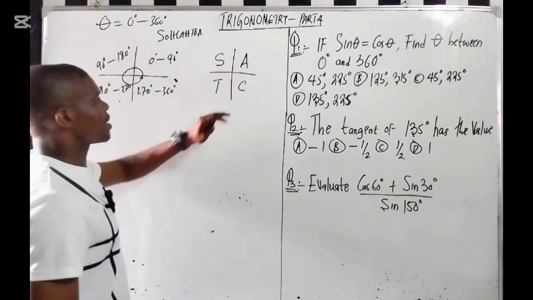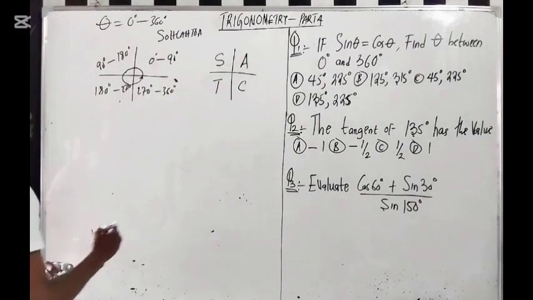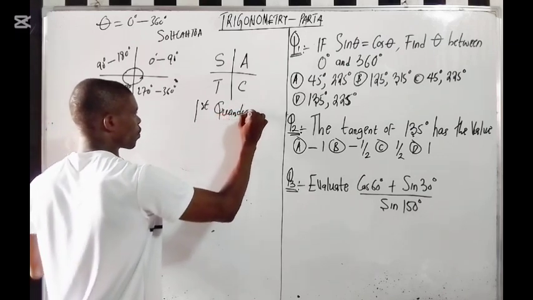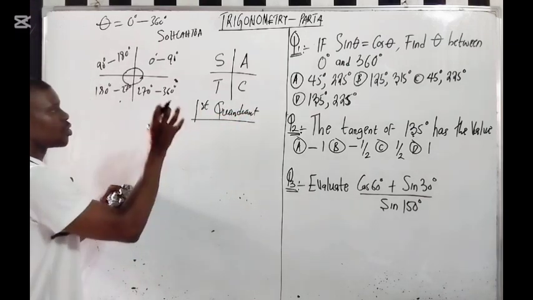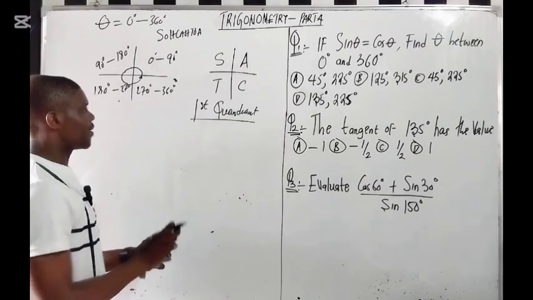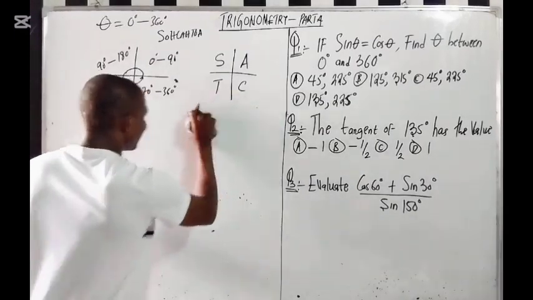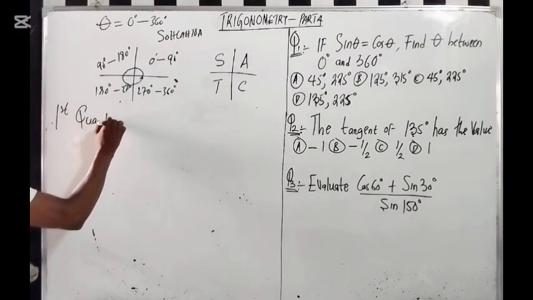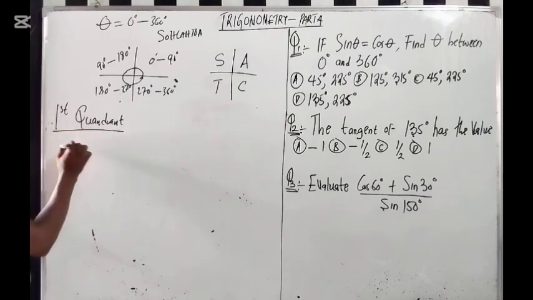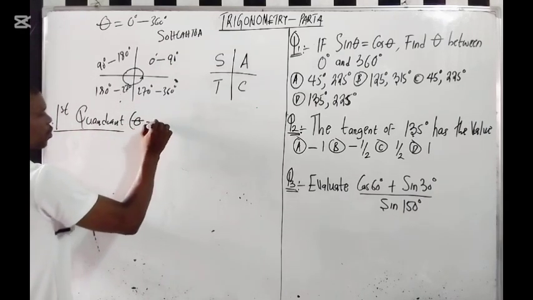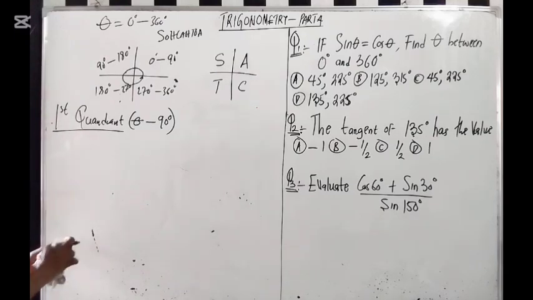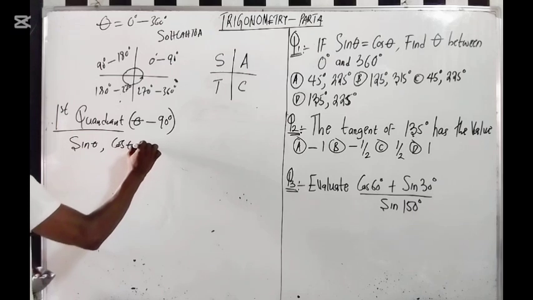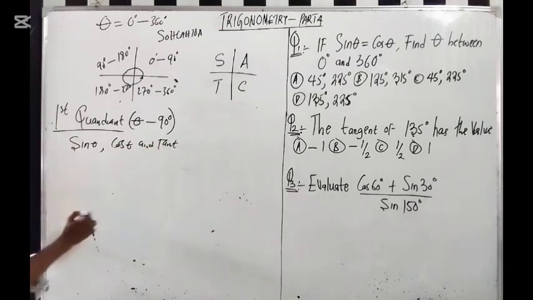What does it mean? It means that in the first quadrant, which is 0 to 90 degrees, sine theta, cos theta, and tan theta are all positive.